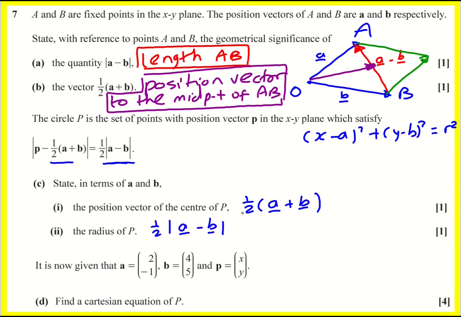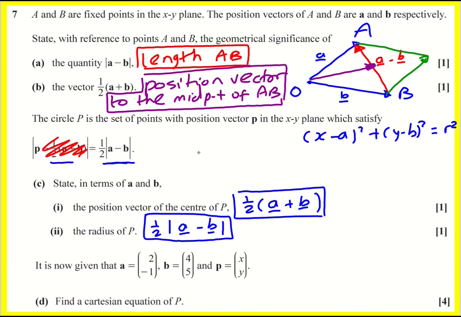Now, if we weren't told it was a circle, I just wanted to talk about that. You could still figure it out. What I would do is ignore this for the minute and say, okay, I've got my origin and I'm going to some different points x, y, but when I find the magnitude, the length, it's got to be the same for whatever my x, y is.